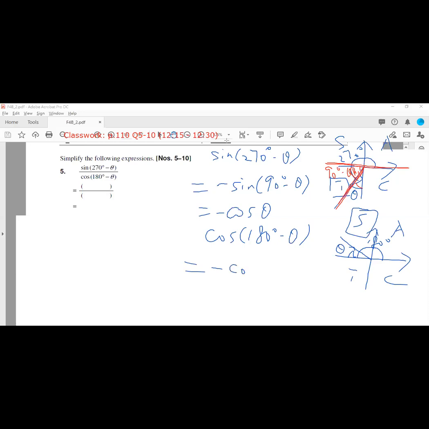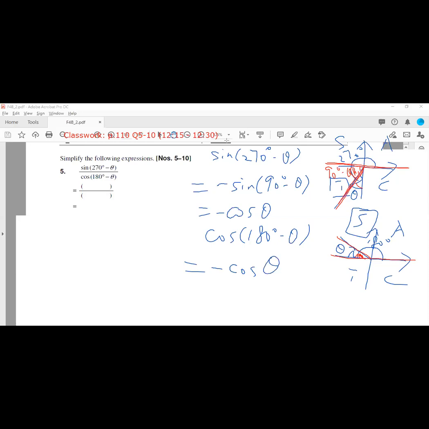Just copy the cosine, and then the angle will be the angle between the side and the x-axis. So the side is here, and the x-axis is here. Can you see whether it is 90 degrees minus theta or just theta? So it's just theta. It's this angle. Okay? It's just theta. So there's negative cosine theta.